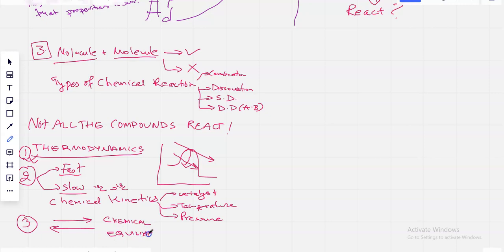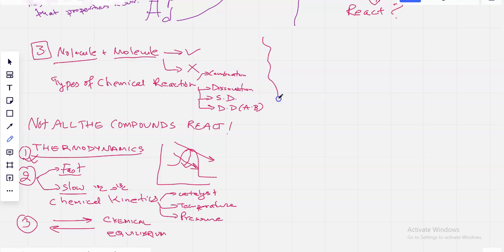Okay, and here we'll talk about Le Chatelier's principle, law of mass action, how to drive a reversible chemical equilibrium towards the product side or towards the reactant side, what the different factors are that affect the equilibrium, stuff like that, okay? So that's here. So from here, now we talk about the physical chemistry a little bit. Let's go to the other side of the page.